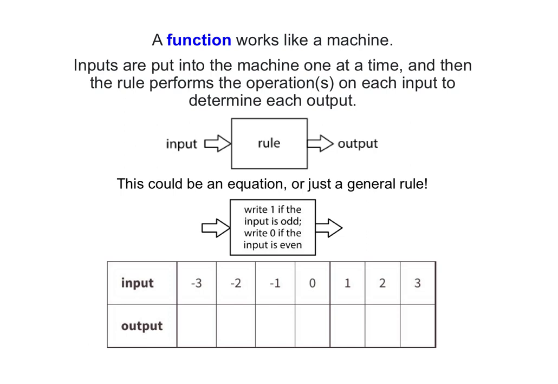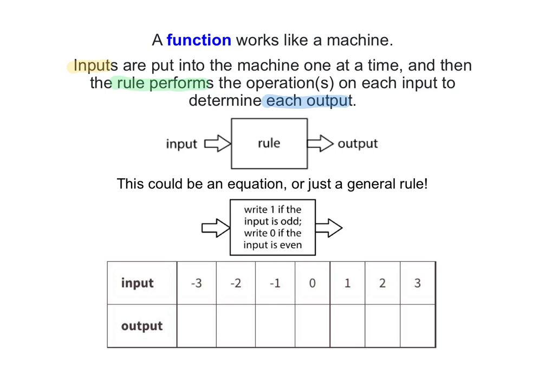So a function works kind of like a machine. It's a special rule or equation where inputs are put into the machine one at a time, and then whatever rule you have inside of the machine performs its operation on that input and then determines each output.